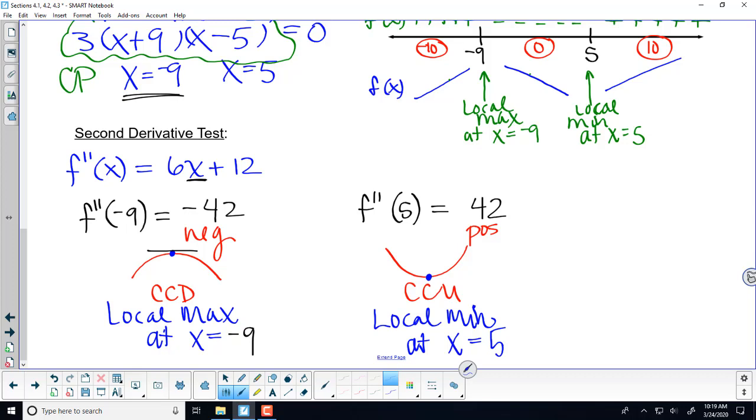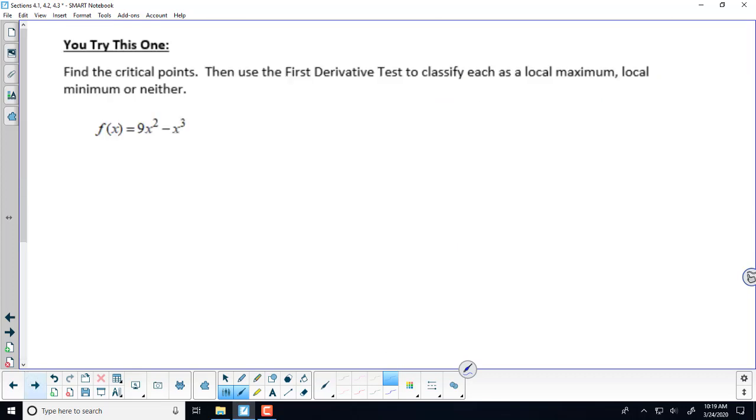So it's pretty sweet if all you need to do is find out if you have a local max or min, you can use the second derivative test, unless either of those would have evaluated out to be 0. All right, so here's one for you to try. So I'd like you to pause the video and give this a try, and then you can check and see your answer.